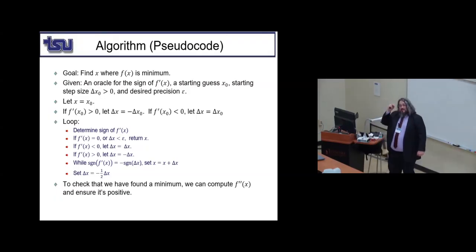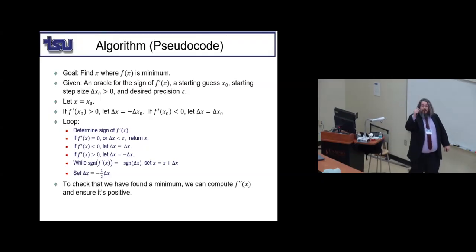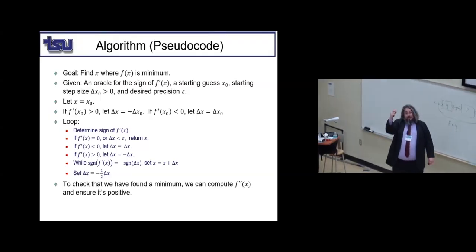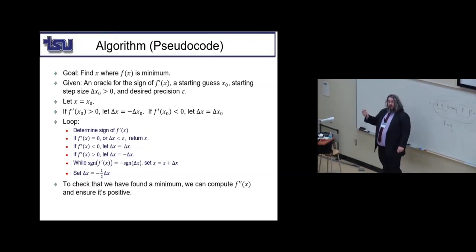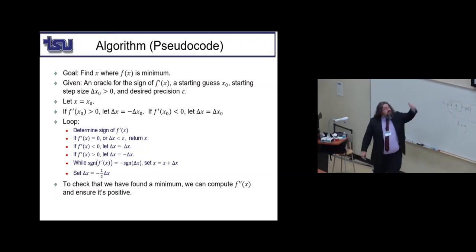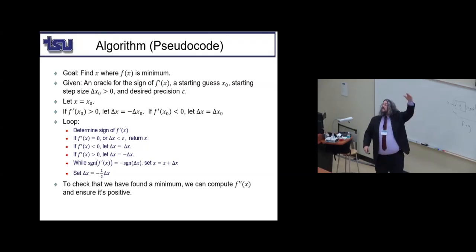Because if we happen to just guess right off the bat a number where the first derivative is 0, that means that we got really, really lucky or possibly unlucky, and we found a critical number right on our first guess. Now, that might be a local minimum, and it might be a local maximum, and it might be neither, actually. So for that, you'd need to do something else. You could use the second derivative test immediately and see.